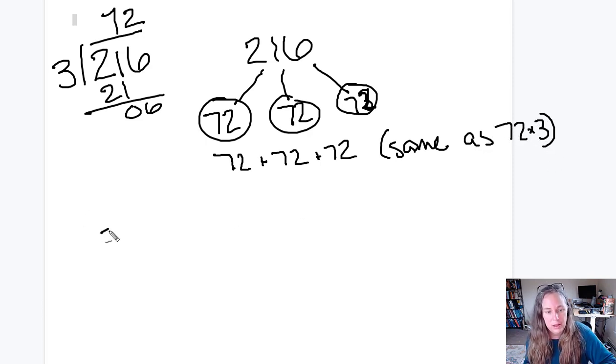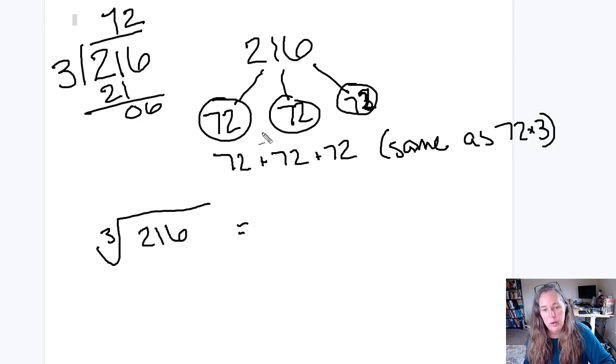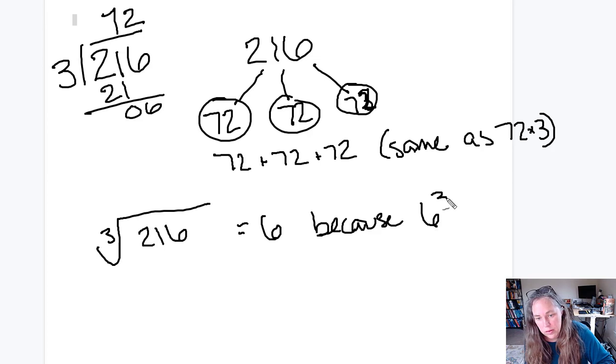When you're taking the cube root of 216, you're wondering what 3 things times each other equals 216, and you just have to know that 6. You just have to know this part.